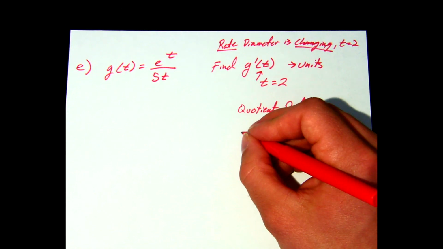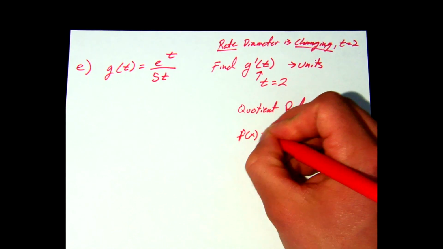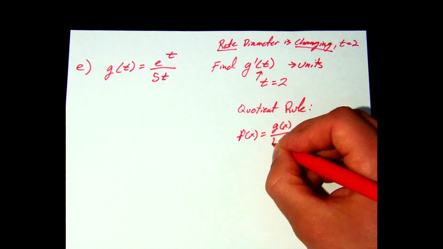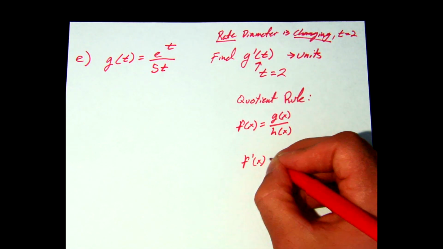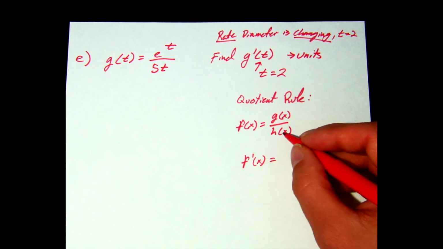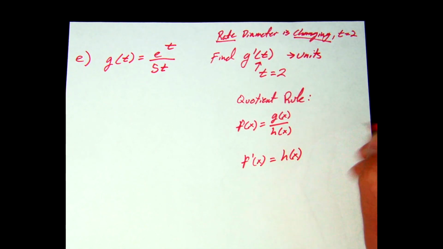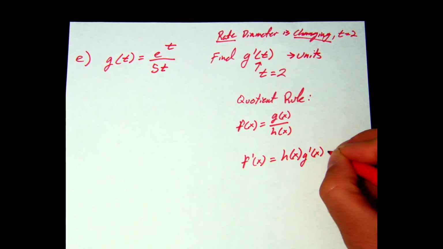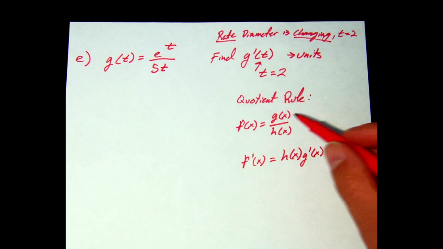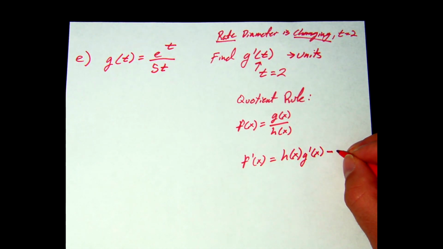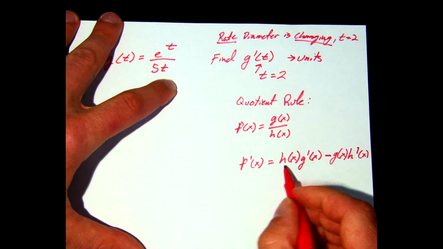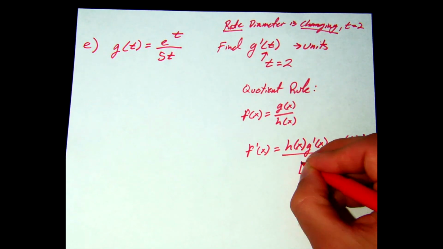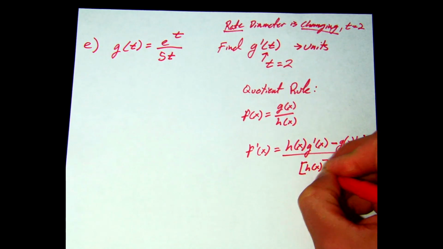So if I have a function, f of x is equal to g of x over h of x, then when I take the derivative, I would do bottom or low derivative high, so h of x times g prime of x, minus, it's different from product rule, high derivative low, so that would be g of x times h prime of x, and then all over low squared, so it's h of x squared.